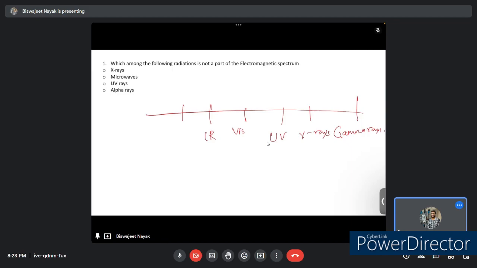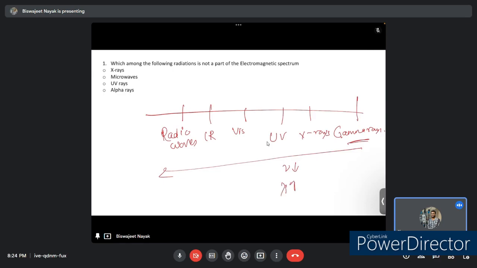Then we have UV, then visible, then we get IR, then microwaves and radio waves.